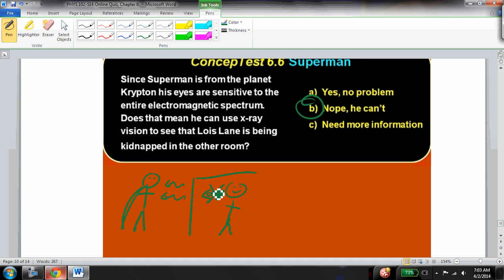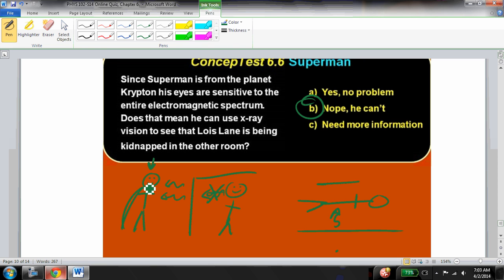When you have an X-ray machine where you can see through solid materials, you have a person lying on a table. There is a source of X-rays that goes through the person, and then there's a detector on the other side. So Superman is just the detector, but he doesn't have a source of X-rays.